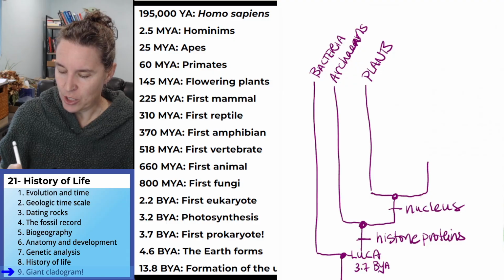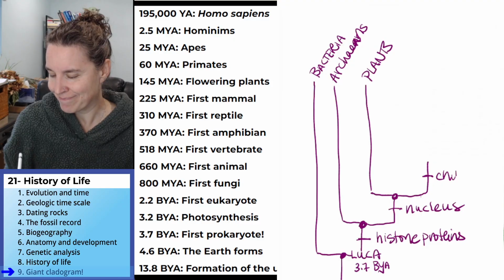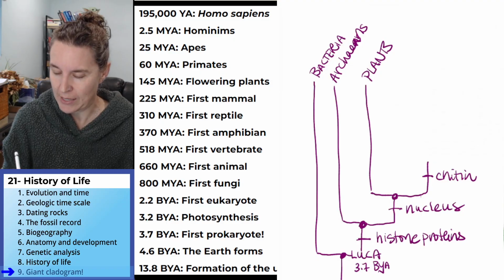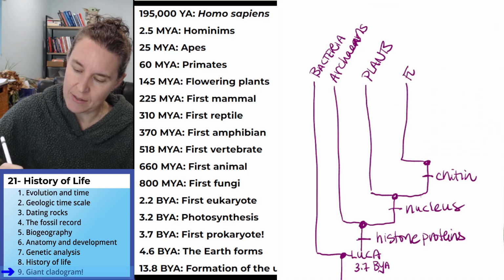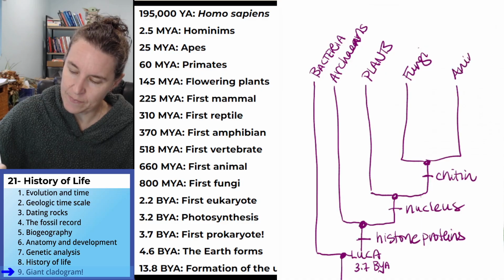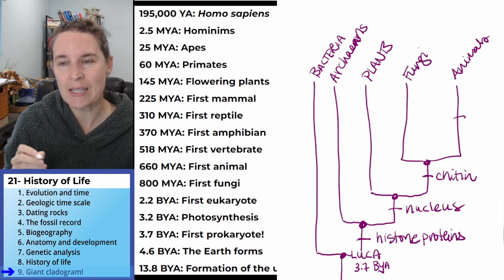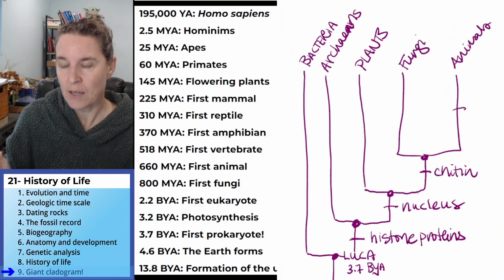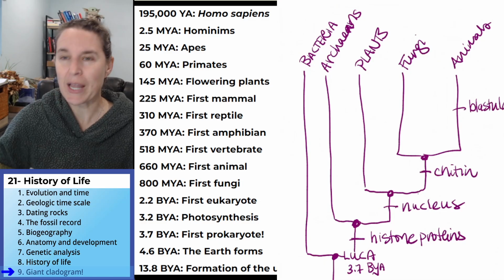This might surprise you. There is a molecule called chitin that is shared by all eukaryotes except for plants. And this includes fungi and animals. And I'm going to show you the trait that defines animals because it's one of my favorite traits ever. It's a blastula.